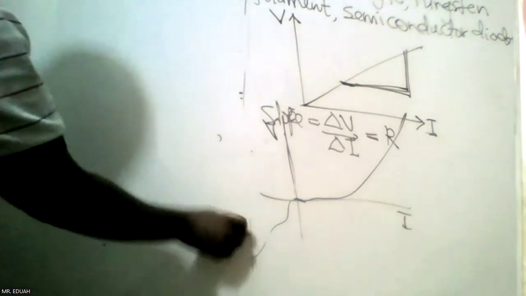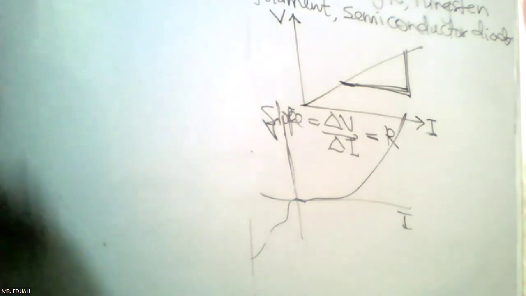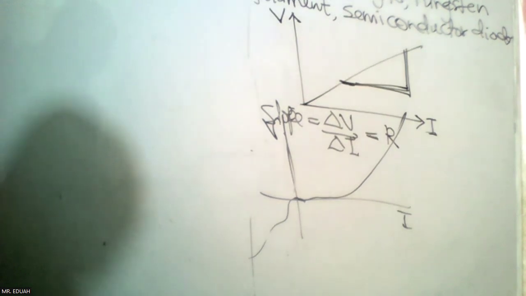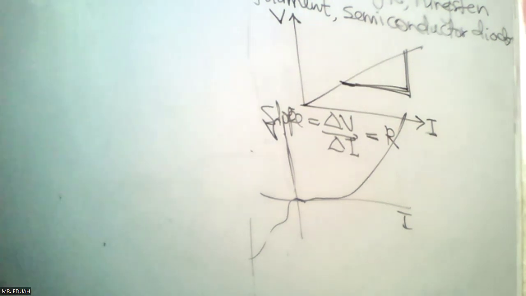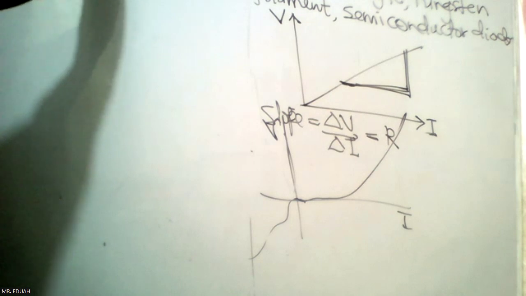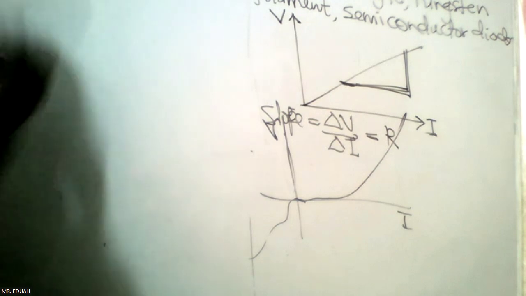So we've understood what we mean by current. We've also understood potential difference or voltage drop. Now let's look at resistance. What is resistance?